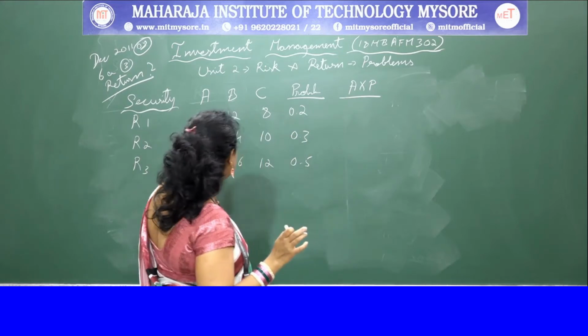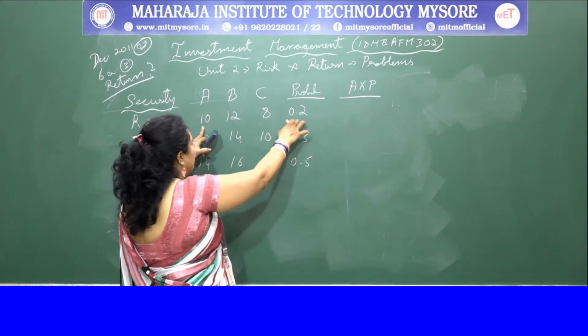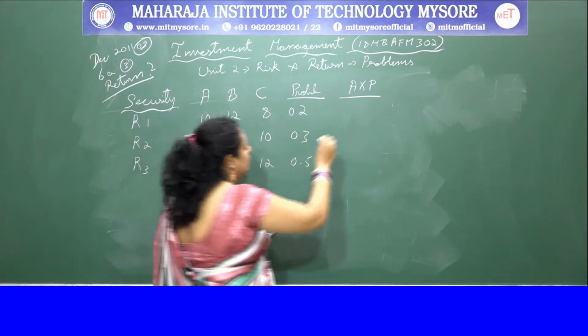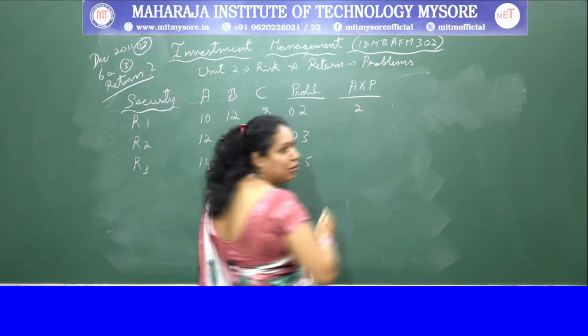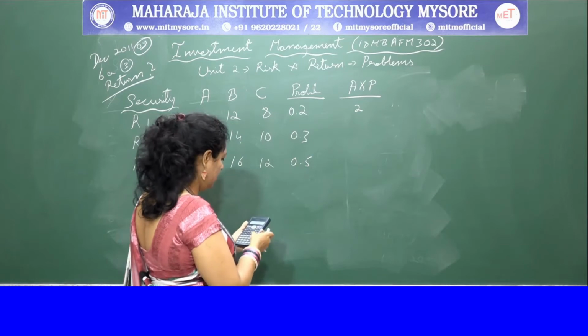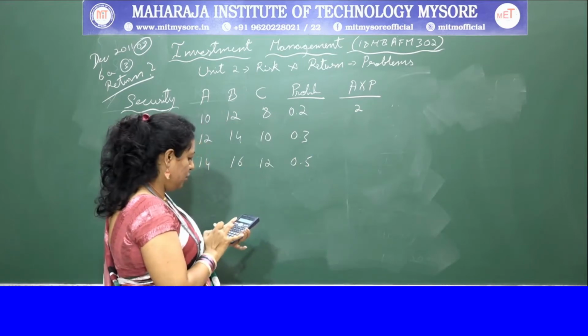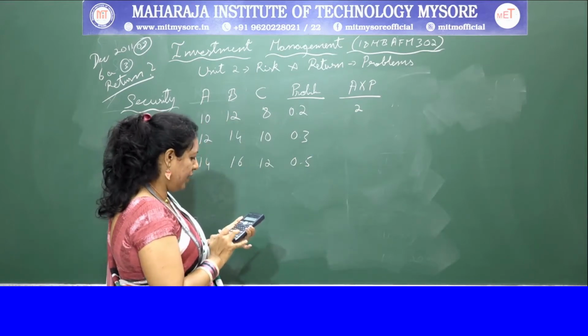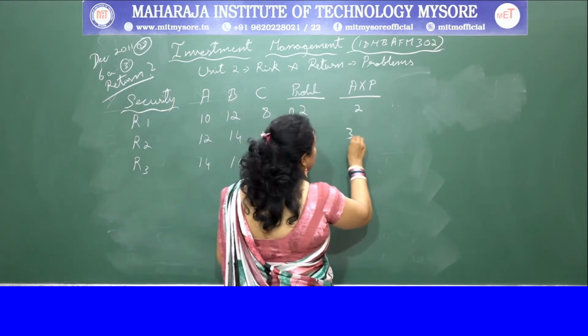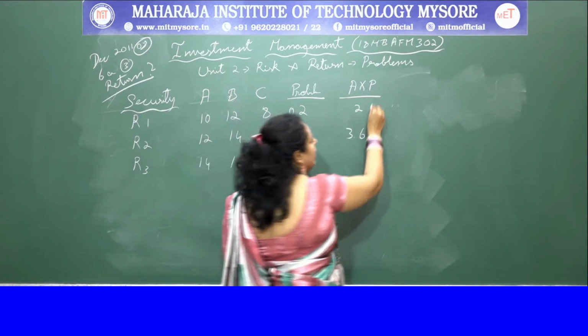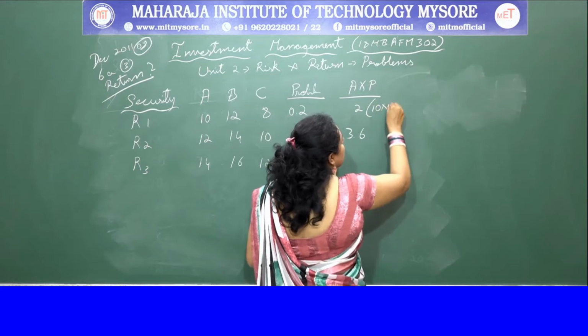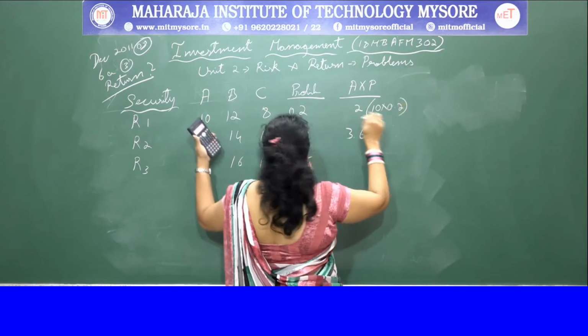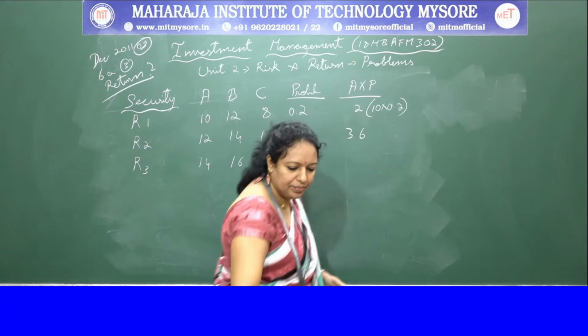Now I'll just multiply 10 into 0.2. It is 2. Then 12 into 0.3. It is 3.6. For one column, I'll just write here 10 into 0.2. That is return into probability.